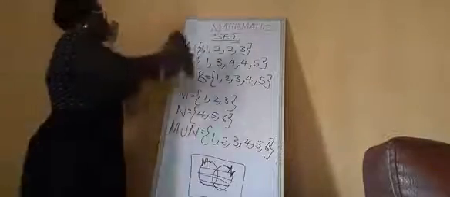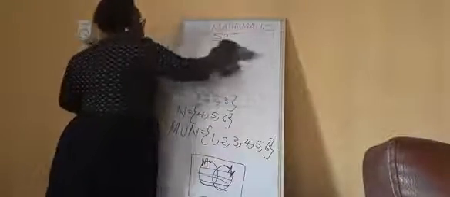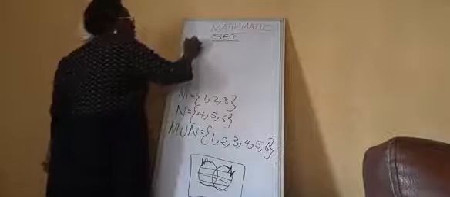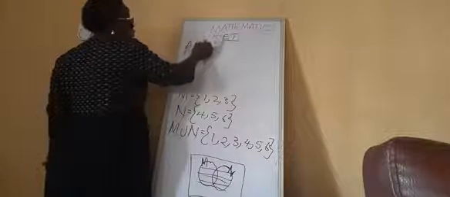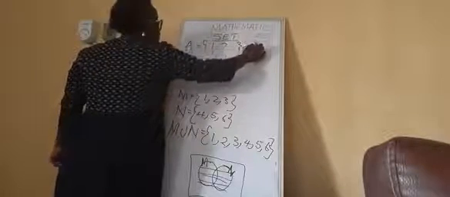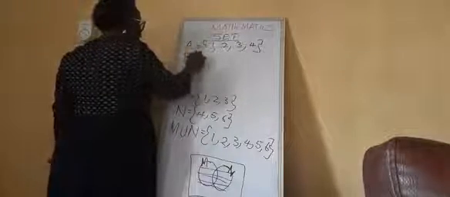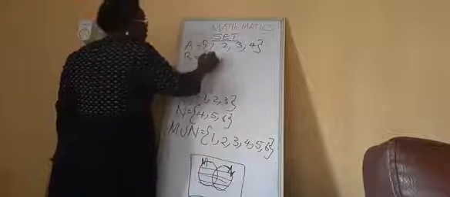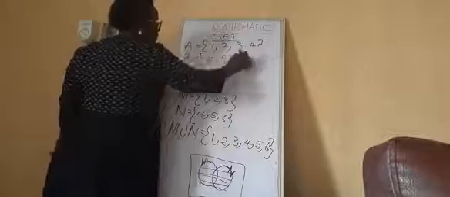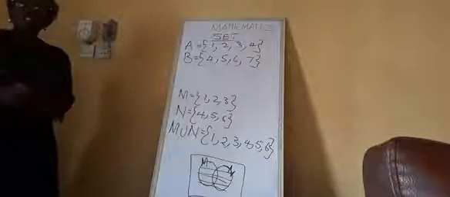Now, let's see. You are given a set A to be 1, 2, 3, 4, and you have another set B, 4, 5, 6, 7. So what is the relationship between A and B?